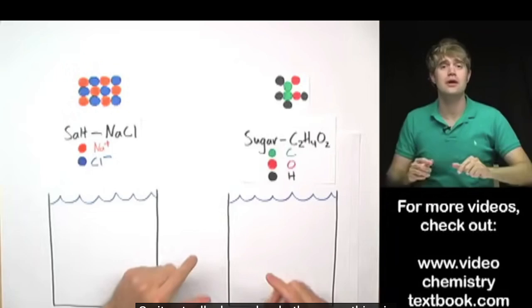If you and your neighbor don't know, you're going to go and find someone who does, because in just a minute or two I am going to call a random name to tell me how you know if something is, let's start with ionic, and then we'll do how you know if something is covalent. And if you don't know and your neighbors don't know, go find someone who does.